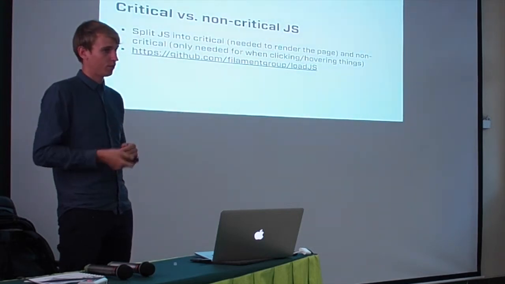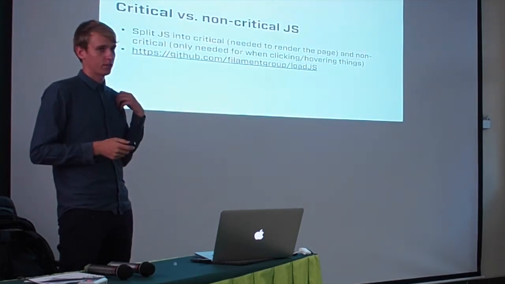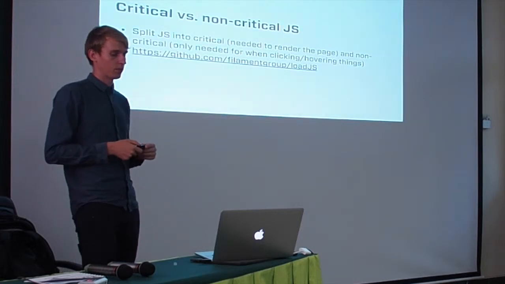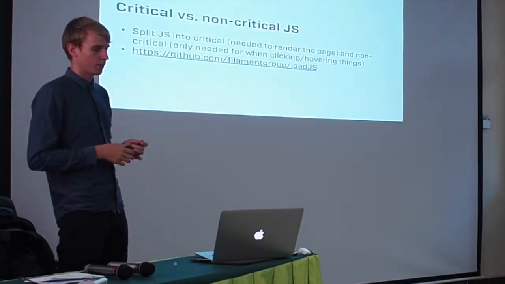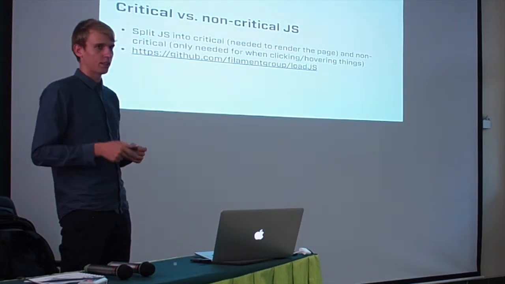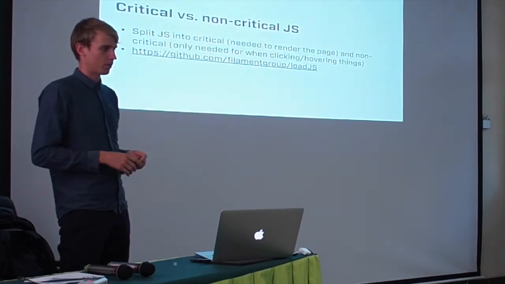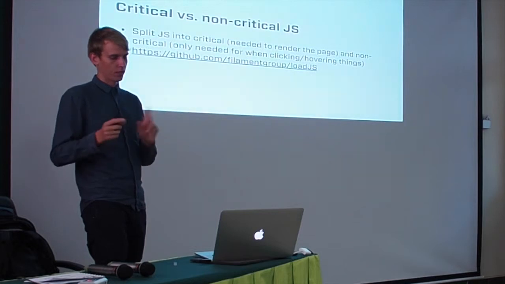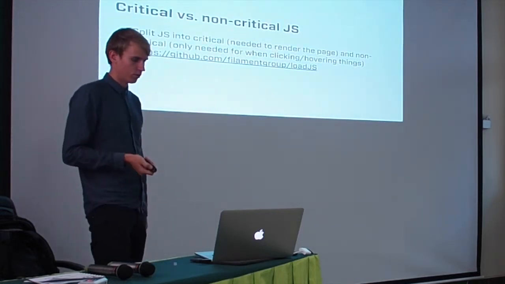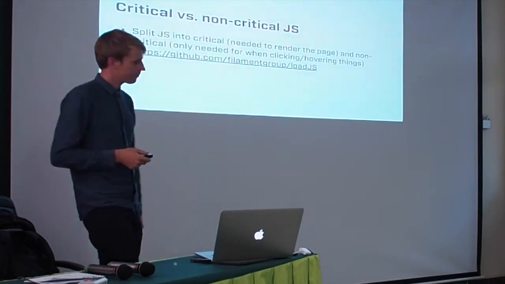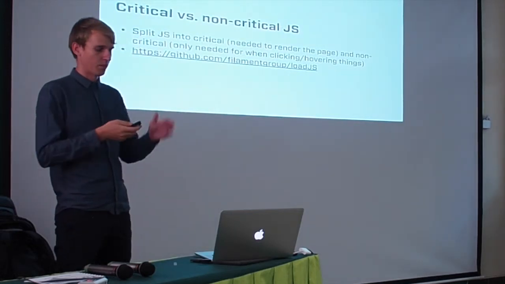You might use something like Masonry, it's a popular library, and that's a critical one because it's needed for the render. But clicking on those and what happens when you click on those might not be, so you might split that up. Again, this is where you run into those dependency issues.